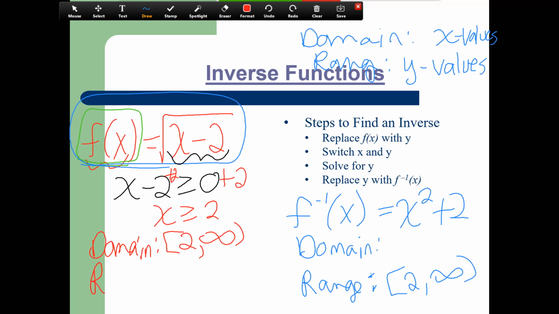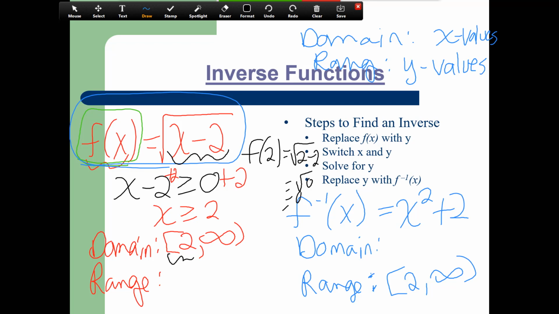So our range over here is going to end up being what we get when the lowest value or highest value, either one, is going to be when we plug in this 2 that we just got right here for our starting point on our domain. If I find f of 2, notice that's square root of 2 minus 2, which is square root of 0.